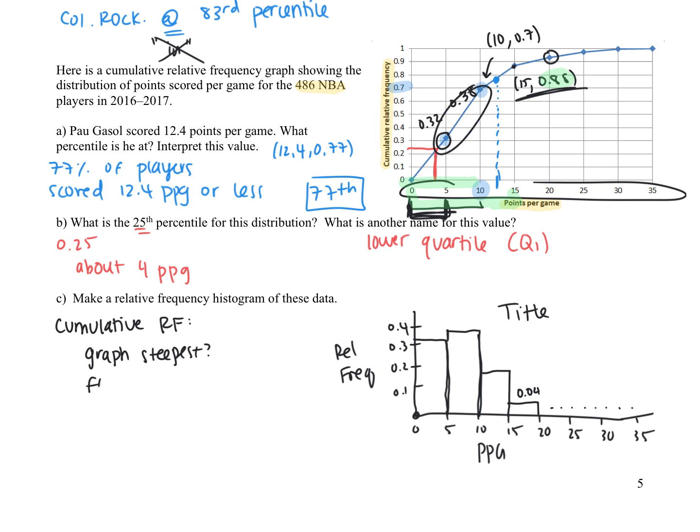I might ask you, where is the graph the flattest? What does that mean? This graph is really flat here. Hopefully we can tell that means not very many players scored between 25 and 30 points per game. If the graph is steep, like where we said before, here between 5 and 10, a lot of players scored between 5 and 10 points per game.